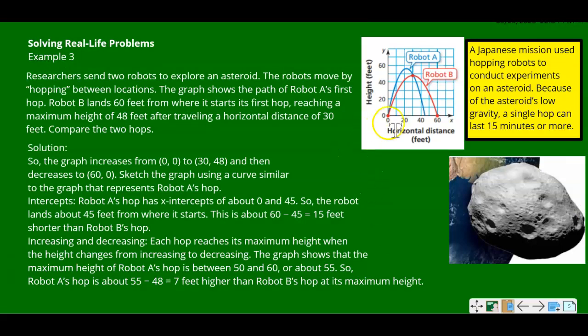I know I talk fast, so here is the solution written out if you want to put this in your notes. It would be good if you need to go back and reference it as an example later when you're working on your homework. But hopefully this is a good example of a real life problem and how you can use the graphs to compare two functions easily.